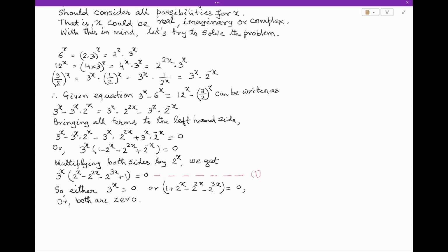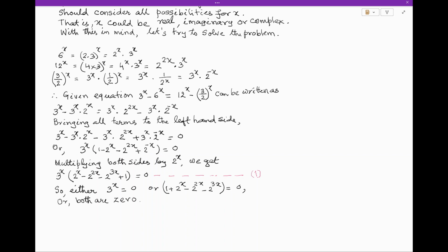Now taking 3 to the power of x as a common factor, we get 3 to the power of x multiplied by, within bracket, 1 minus 2 to the power of x minus 2 to the power of 2x plus 2 to the power of minus x is equal to 0.